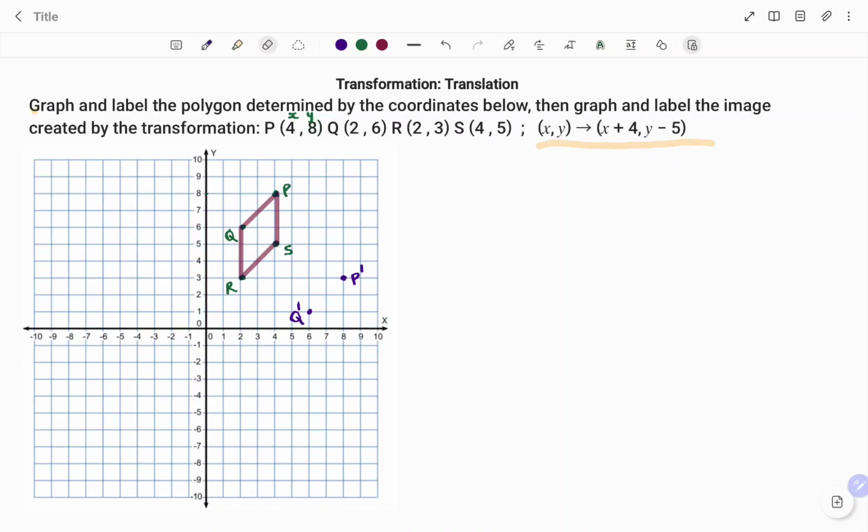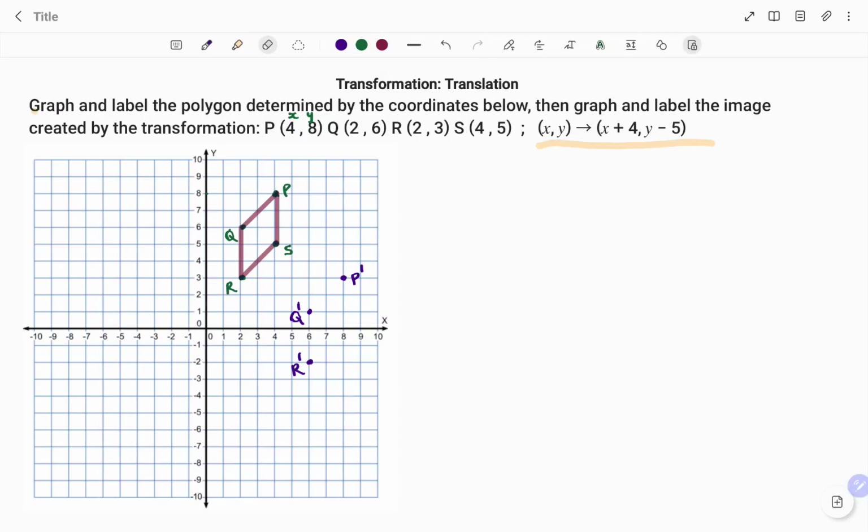The next point will be point R from (2, 3). I'm adding 4 units to the right and going 5 units down. So for my R, starting from 0, I go 1, 2, 3, and 4, and then 5 units down, starting from 0 again, 1, 2, 3, 4, and 5. That will be my R. I call that R prime.